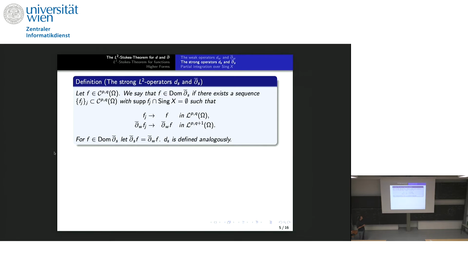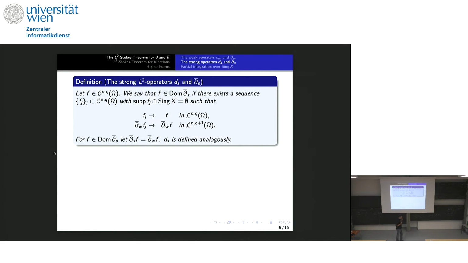Something is in the domain of the strong operator, which is indicated by an S here, if it is in the domain of the weak operator, so we start with something which is L2-log, and d bar in the sense of distributions is again L2-log, and then we say that it is also in the smaller, it is actually really smaller, domain of the d bar S operator, if it can be approximated in the graph norm by forms with support away from the singular set.